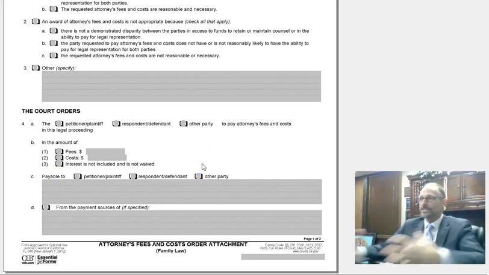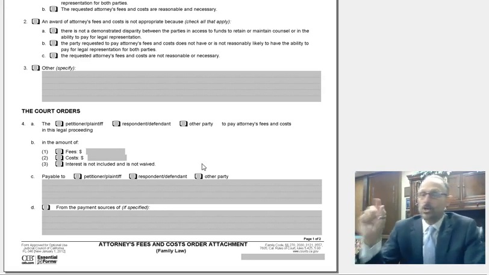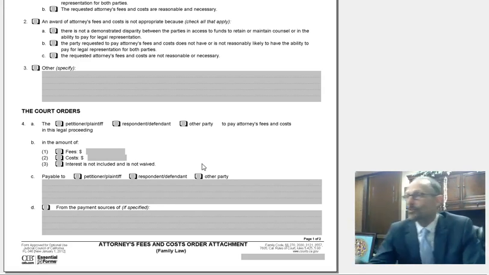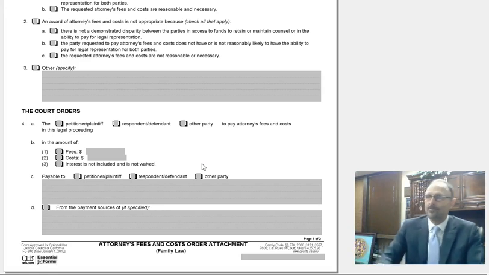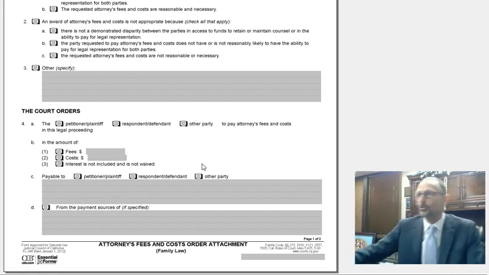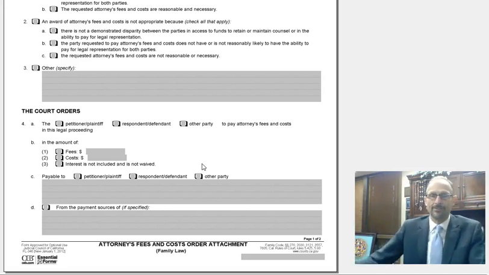So whoever is going to receive this money could be the petitioner, could be the respondent, and it could be that the judge is going to write in there, or tells you to write in there, petitioner's counsel, so that the $25,000 gets paid directly to petitioner's counsel. So it goes into the trust account or whatever.